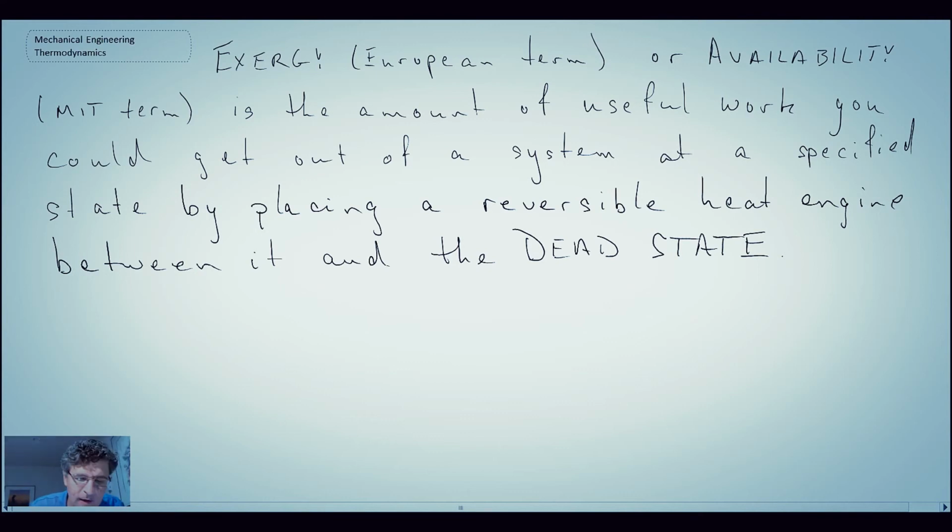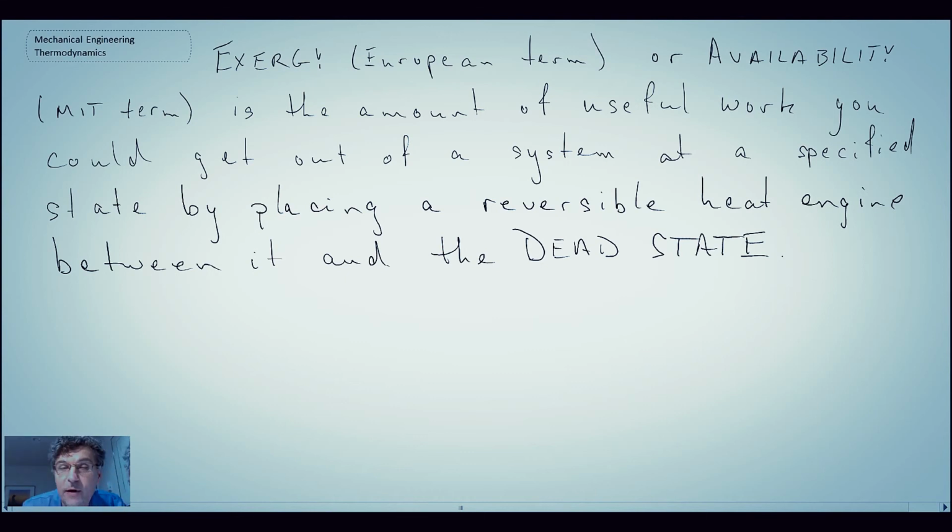And what this does, by analyzing how much exergy we have in a system at a given state, it enables us to determine the amount of work that we could get out of the system, the reversible work potential.